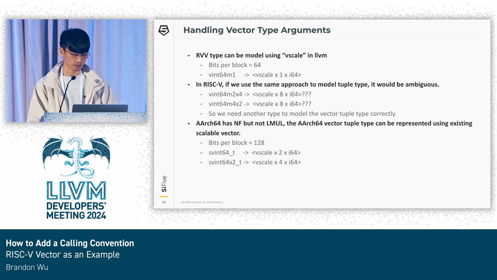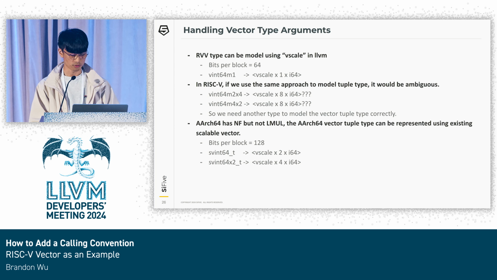However, there is no existing mechanism to model the vector tuple type. Let's say we have a type V64M2 times 4, which has LMUL equals 2 and NF equals 4. One possible way to model it is through the same way as RVV, which could be something like vscale times 8 times I64.